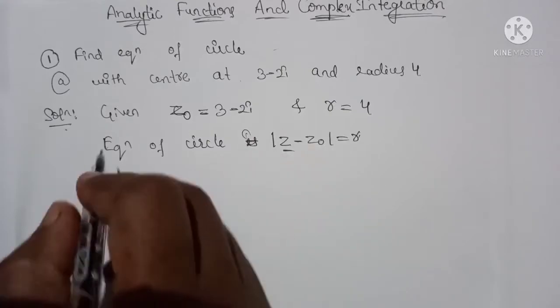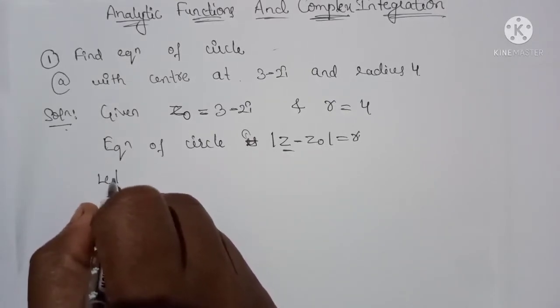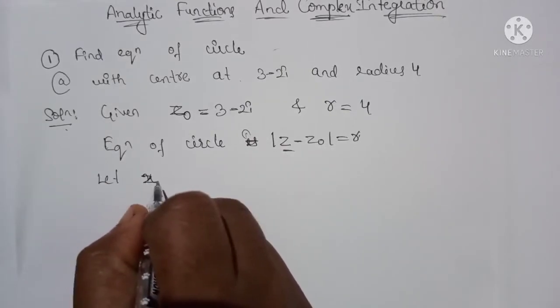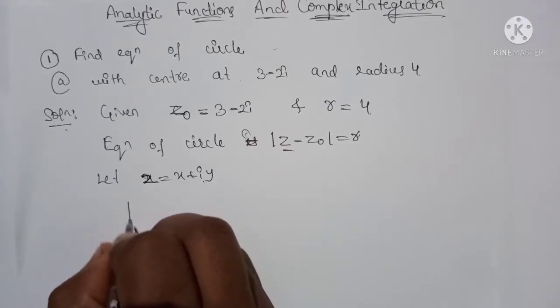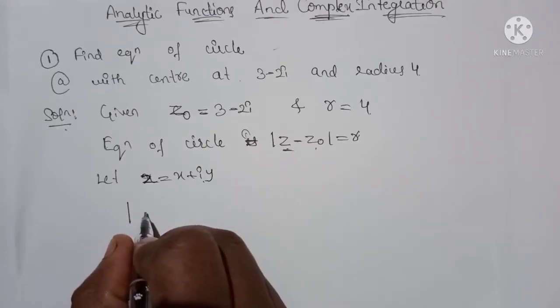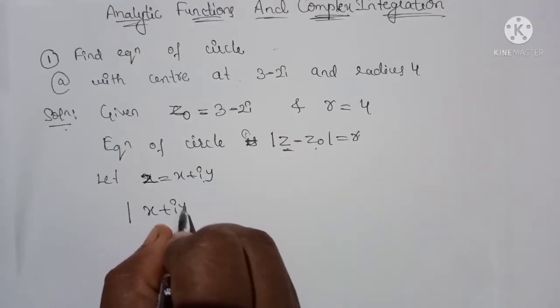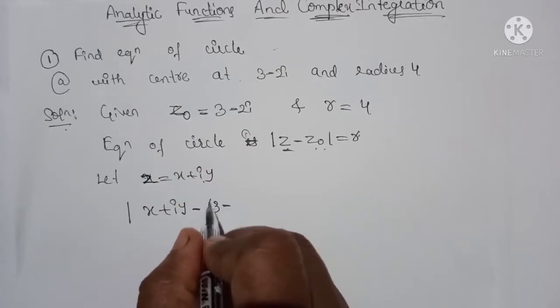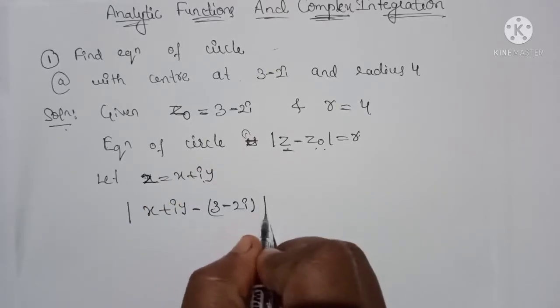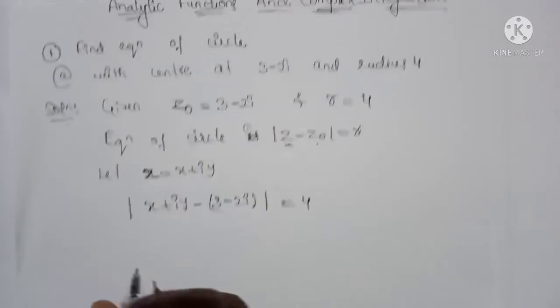So substituting those values, let z equal x plus iy be a complex number. Then mod z minus z naught can be written as x plus iy minus 3 minus 2i, which equals 4.